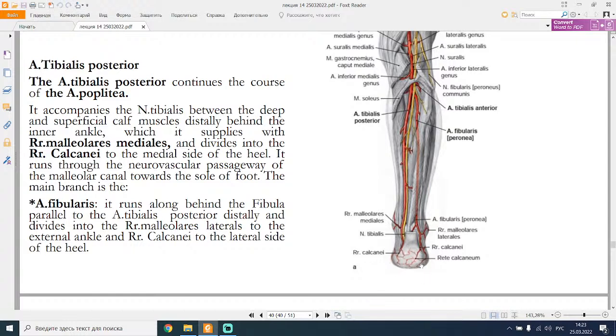The main branch is the arteria fibularis.